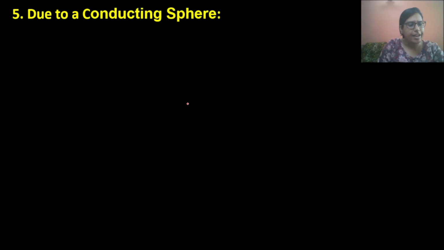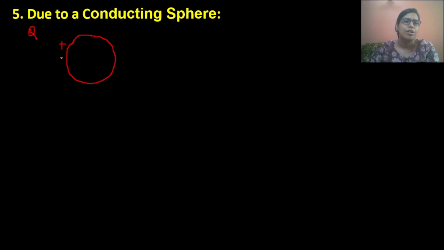Now due to a conducting sphere. Whatever the charge we give the sphere, it will accumulate on the surface. Suppose this is the sphere and the total charge is Q, then the charge will accumulate on the surface of this conducting sphere.